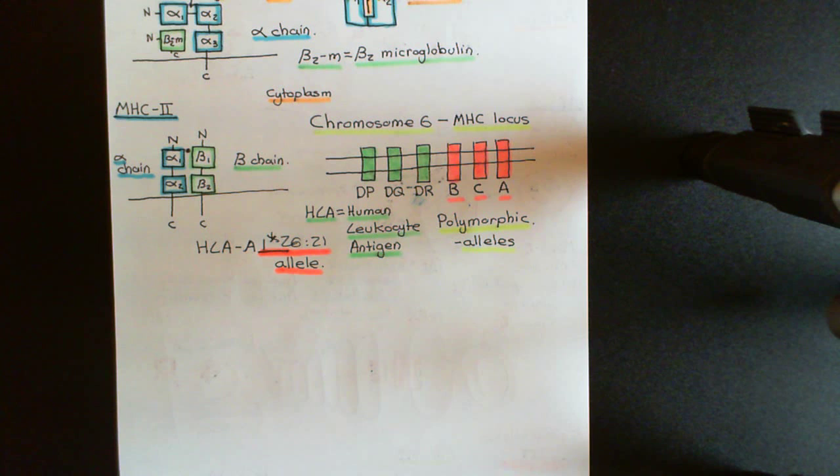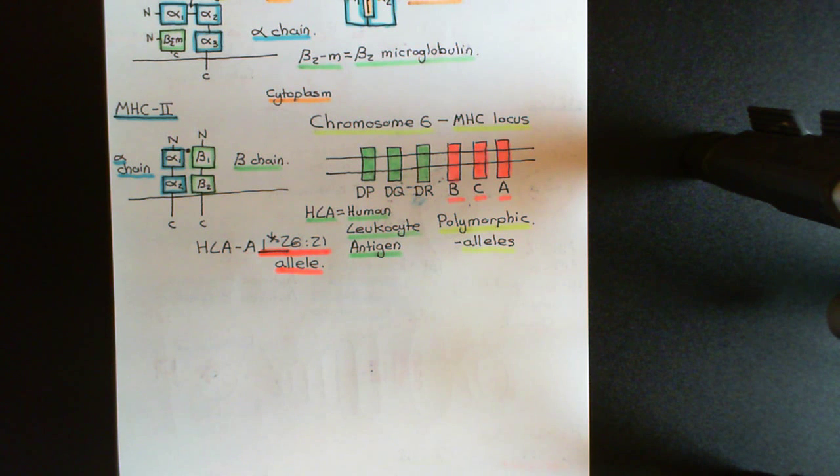So hopefully you'll now understand that we have lots of different genes coding for MHC class 1 and MHC class 2 proteins, and that in these little loci which code for MHC class 1 and MHC class 2 protein complexes, there are loads of different alleles, and therefore we're all producing slightly different MHC class 1 and MHC class 2 protein complexes.